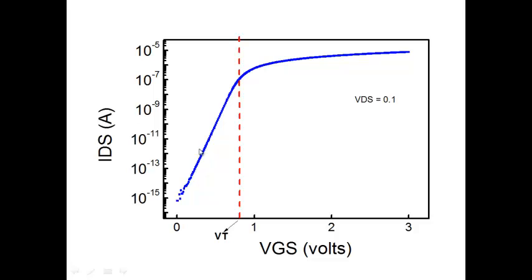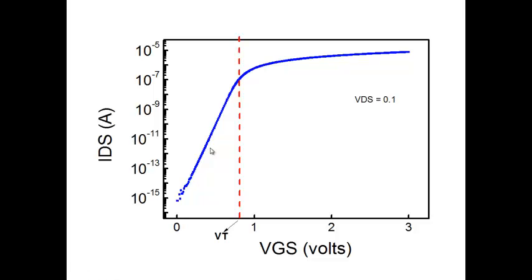This line has a fixed slope, and you shift the whole characteristic to the right. What would it imply about the current at 0 bias? Low. Current would be even lower. But if you shift VT towards the left, and the slope is fixed, the current is going to rise, right? Current is going to rise.